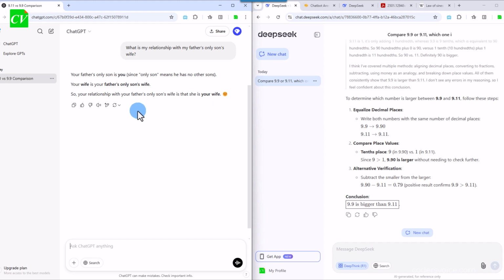But this is only one possibility. There's another possibility that I could be a female. So ChatGPT answers partially. Now let's take a look at how DeepSeek responds.